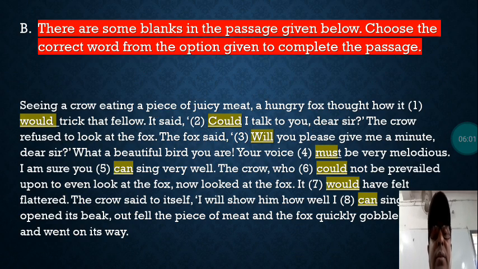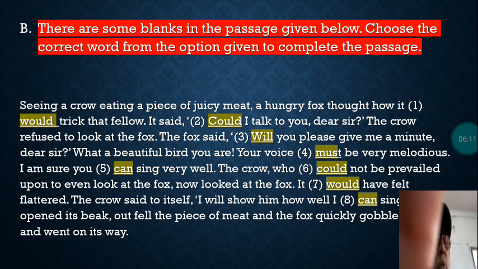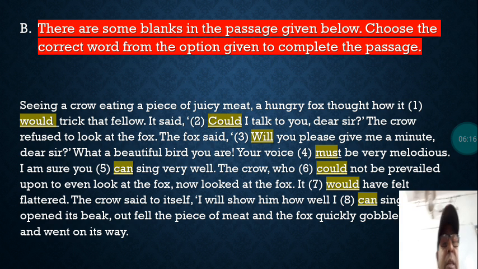Next one you can see here, that is exercise. Exercise B in your book. You have been given a passage. In this passage you have been given some blanks. You have to fill in the blanks with the modals given below.